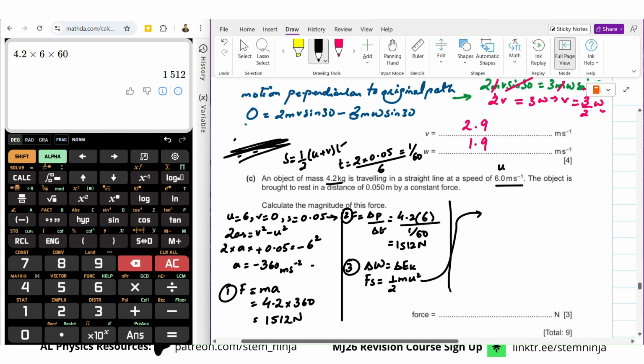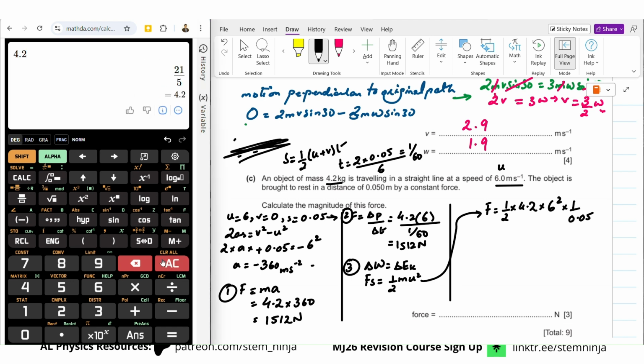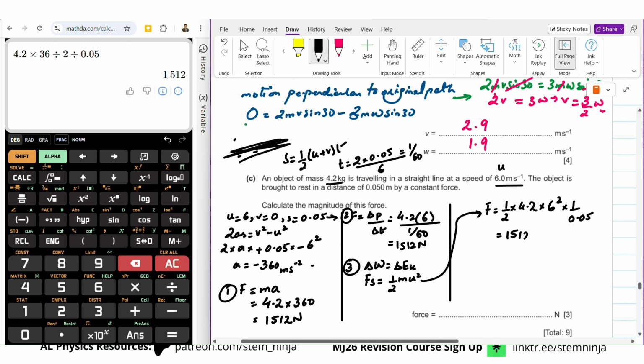So this would become F equals half m u squared divided by s. u squared is 6 squared, s is 0.05. So 4.2 times 36 divided by 2 divided by 0.05 gives 1512. So either way, you're getting 1500.